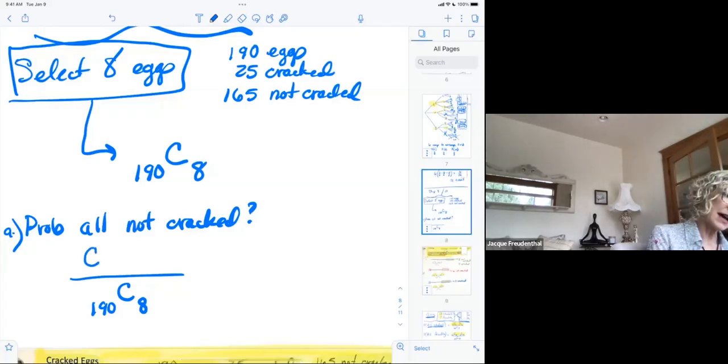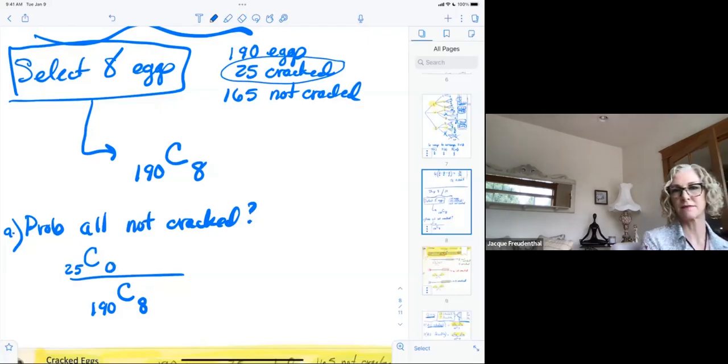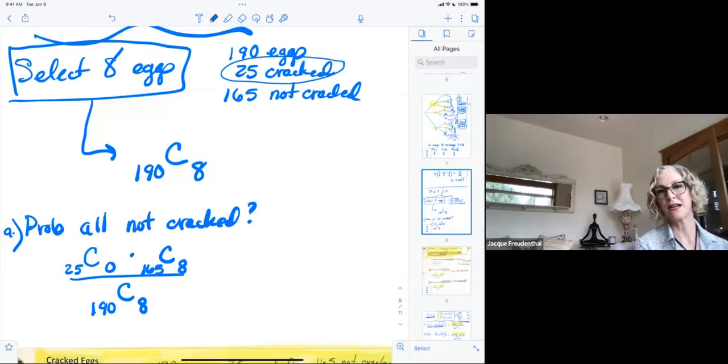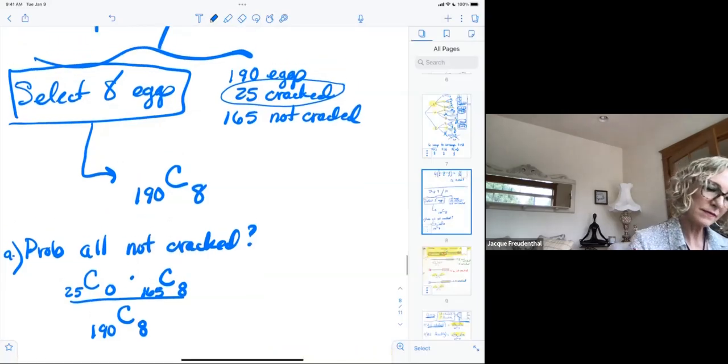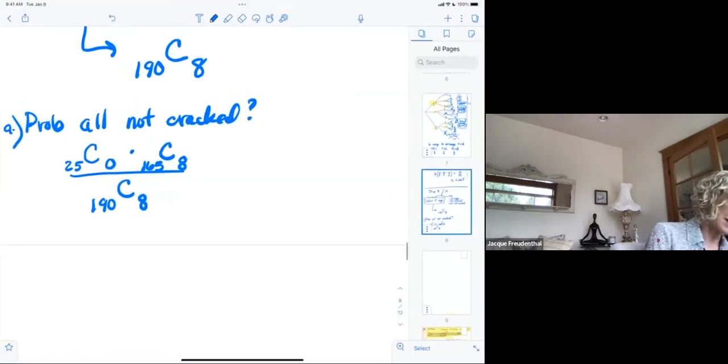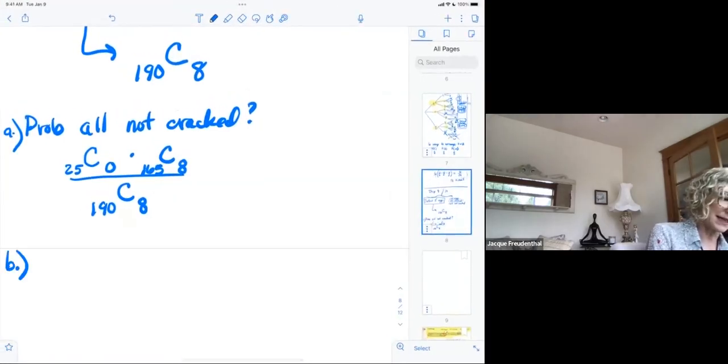So out of the cracked ones, which there are 25, I want 0 of them to be cracked. Out of the 165 that are not cracked, I want all 8 of those to be not cracked. Okay, like I said, we will come back and do the calculation on these when we get these set up.